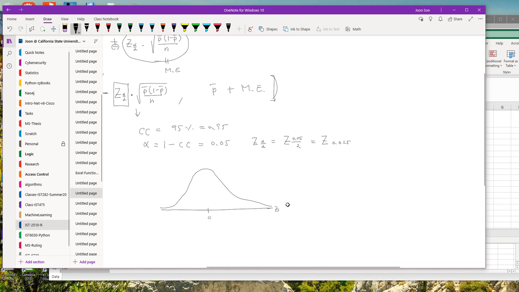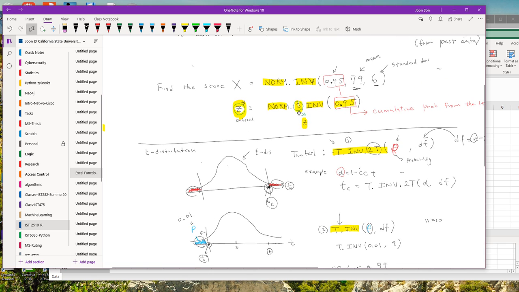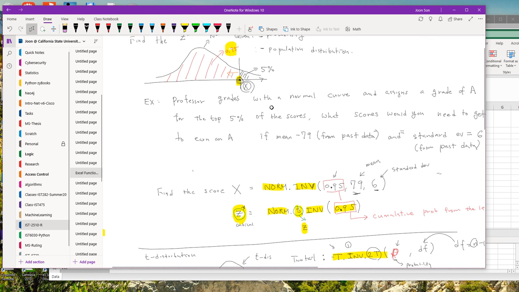You know that this is the red area, so for the first argument you have to put the area of this red area.